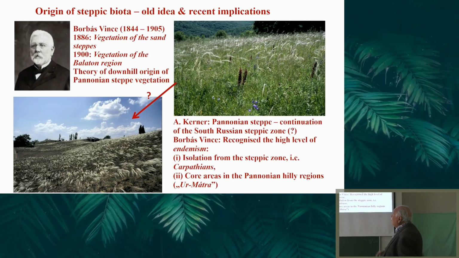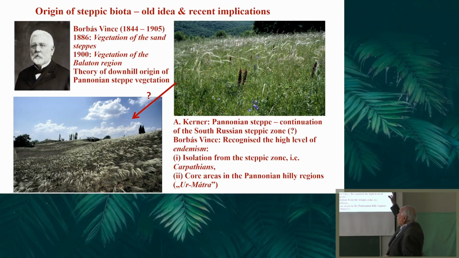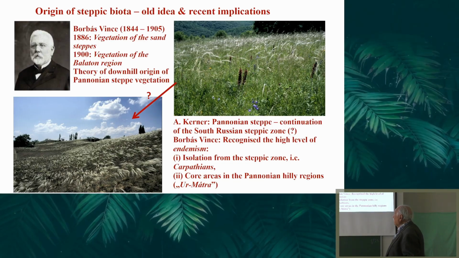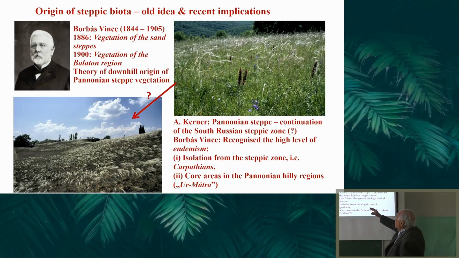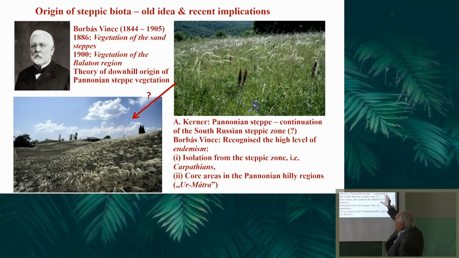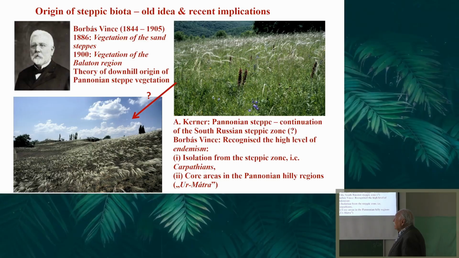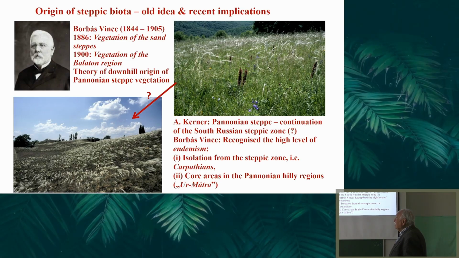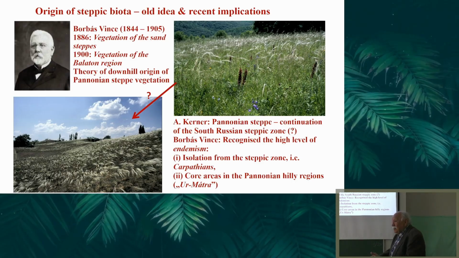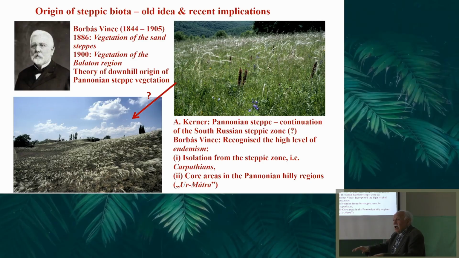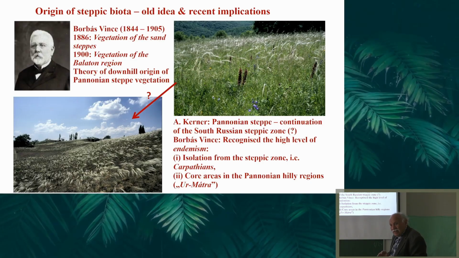There was an old theory on the origin of this type of vegetation: decline from the mountains to the lowland steppes. And I tried to see how this process functioned not within the Carpathian Basin, but on the whole Eurasiatic continent.